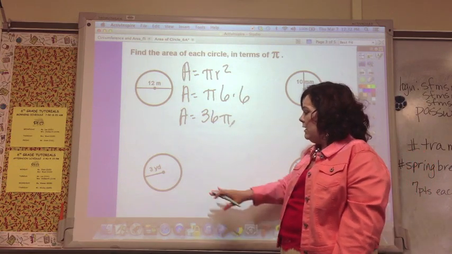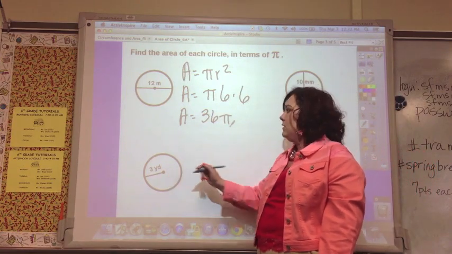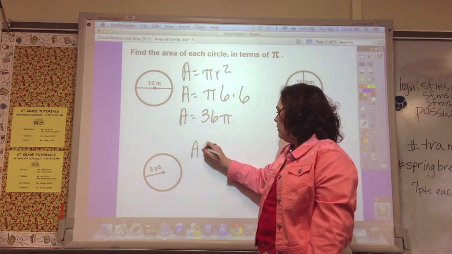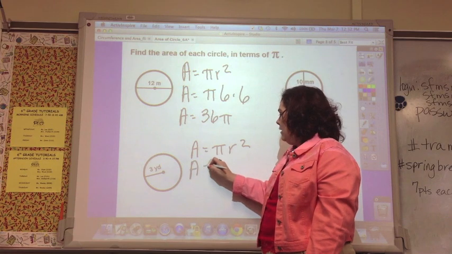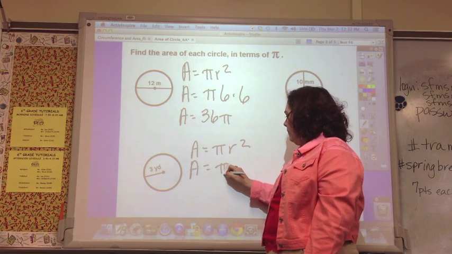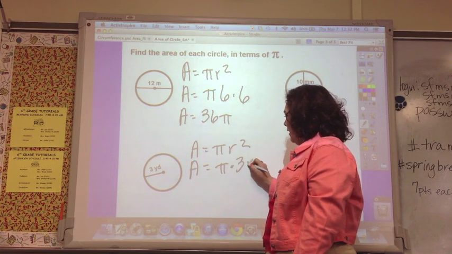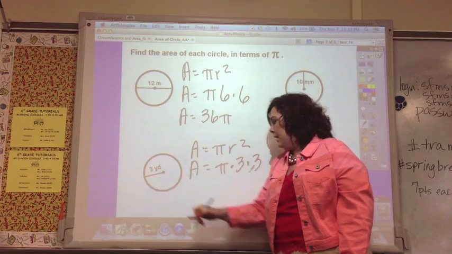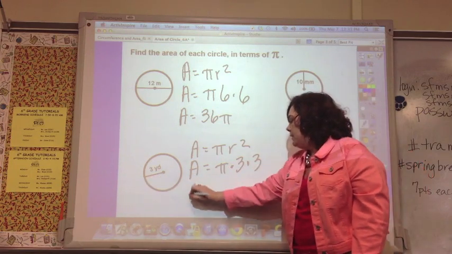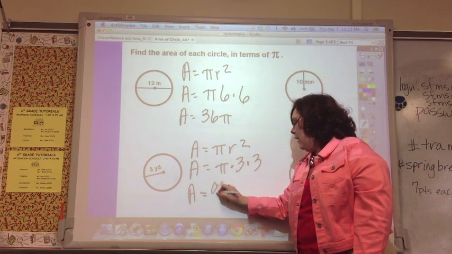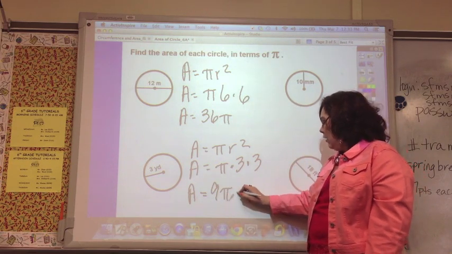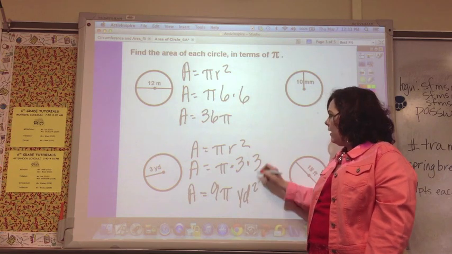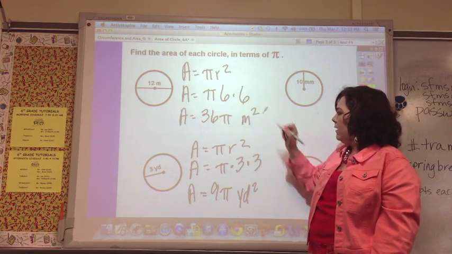Now this one is easy because it already gives us the radius. So area equals pi r squared. So area equals pi times 3 times 3. That's the radius twice. And so area equals 9 pi, and it's yards squared, and this was meters squared.